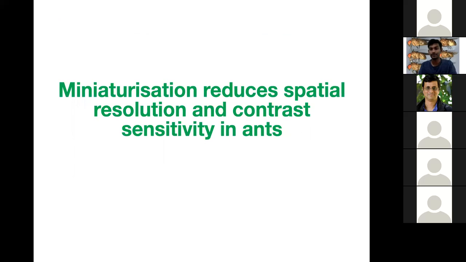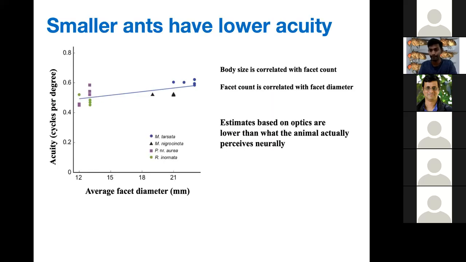One second. I'm still not clear about what the readout is, what this voltage is. Where are you recording from? Are you recording from the photoreceptors themselves, or from the first layer of neurons? I'm recording from the first layer of neurons, so it's an extracellular readout.